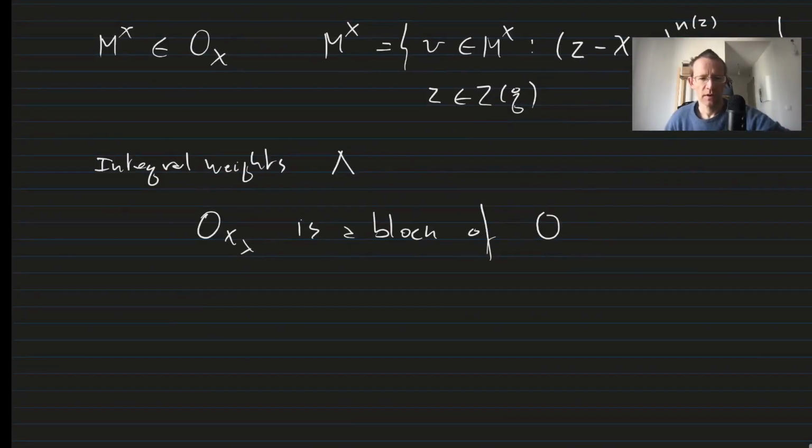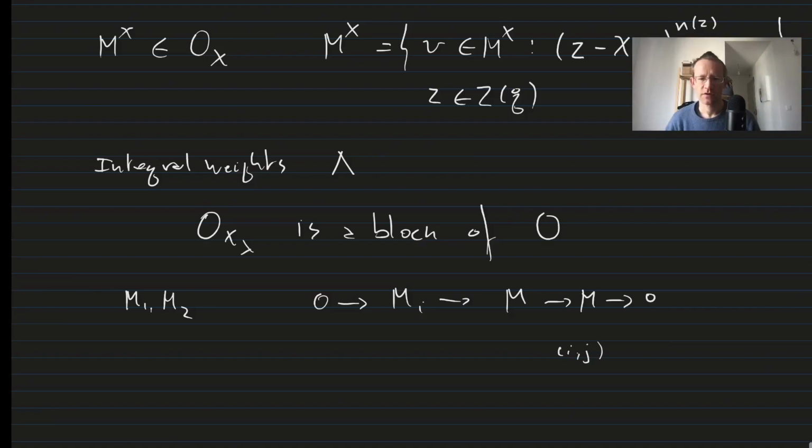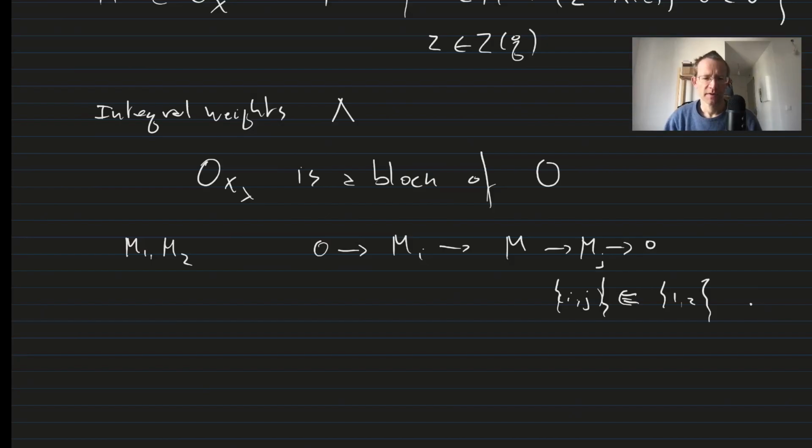Two modules M1 and M2 are said to be in the same block if there exist short exact sequences such that M1 and M2 fit in those exact sequences in any order. This sequence needs to be non-split.